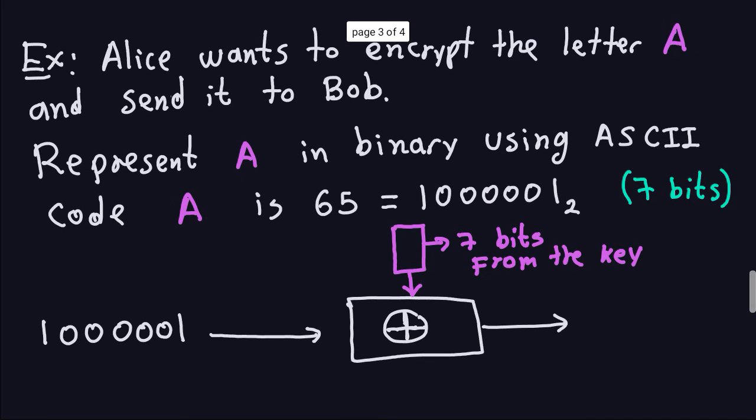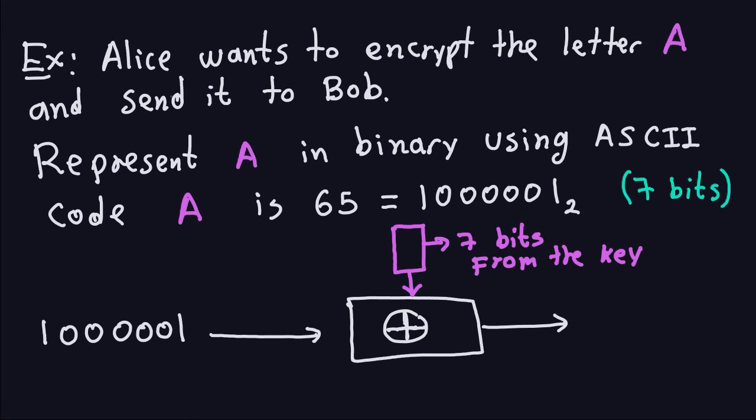When you want to encrypt plain text, which is this one representing the letter A, and you feed it into the stream cipher, what you have to put in here is the same number of bits as are in the plain text. So in this case, I have to feed into the stream cipher 7 bits coming from the key.